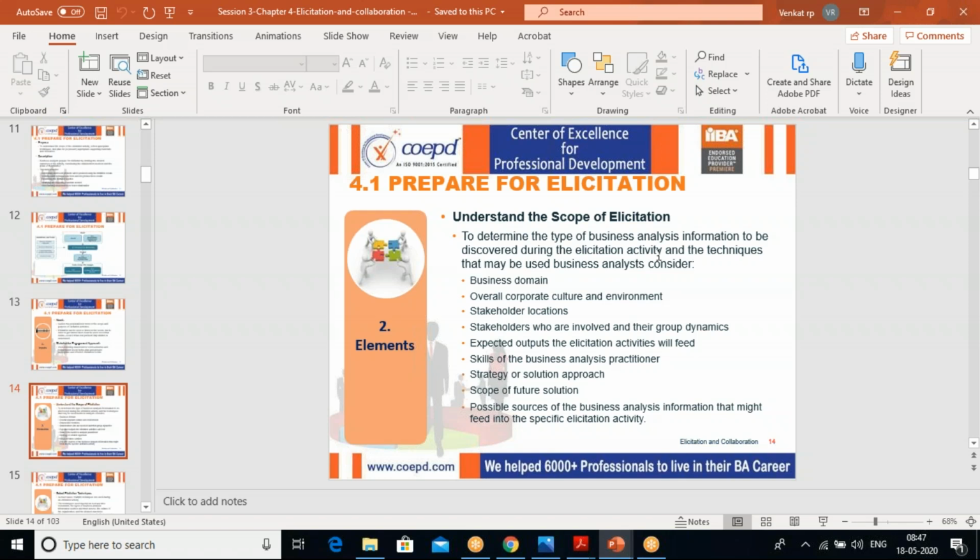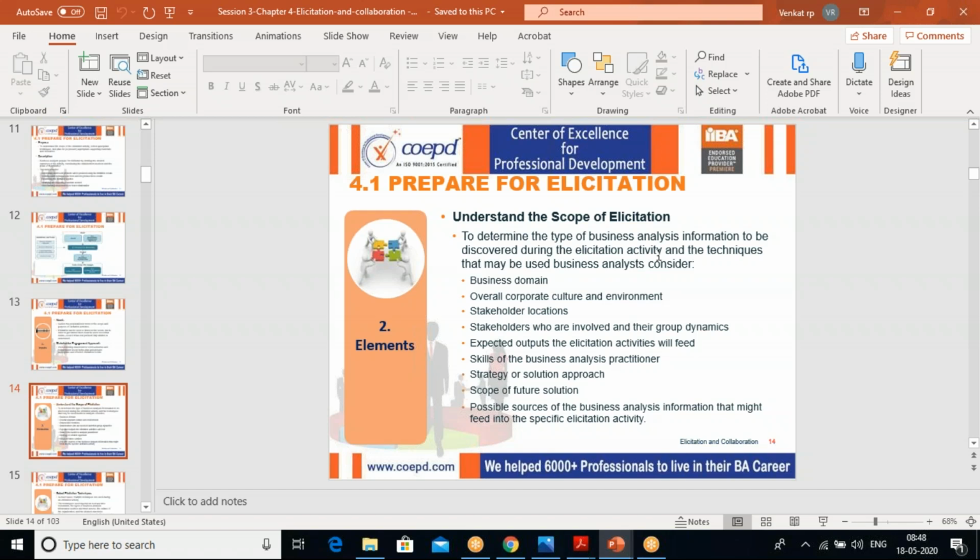For that we need to consider the business domain and overall corporate culture and environment, and then we have to understand the stakeholder locations, and the stakeholders who are involved and their group dynamics, and we need to know the expected outputs the elicitation activities will feed.